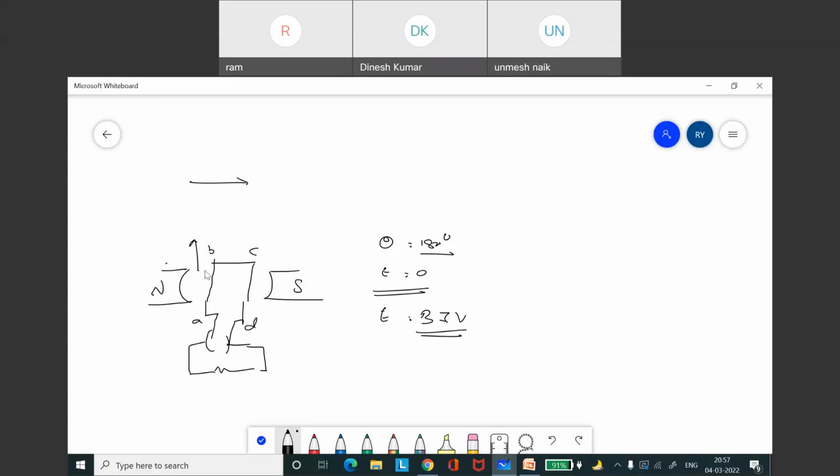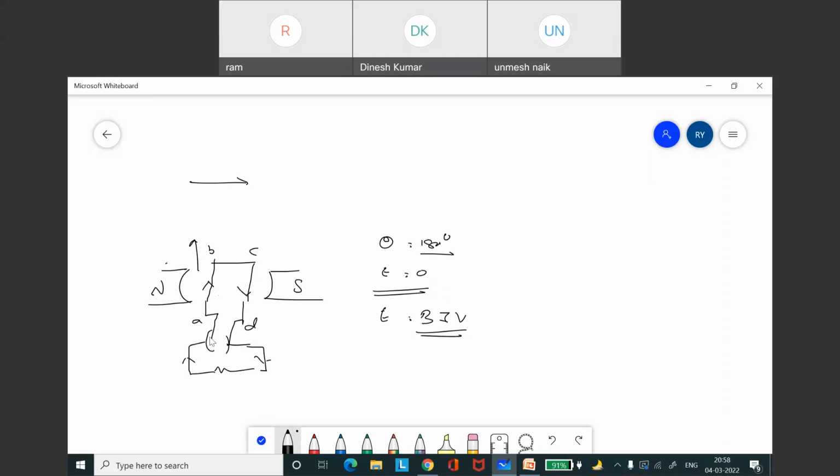So this terminal is going upward. So it is moving perpendicular to this magnetic field. Right? The direction of the current, we use the right hand rule. The current goes away, comes here, this direction.